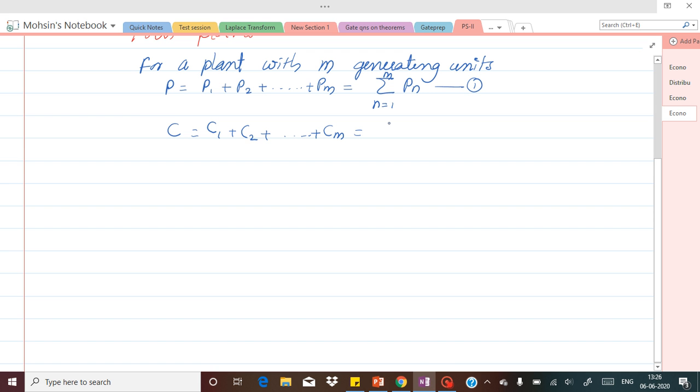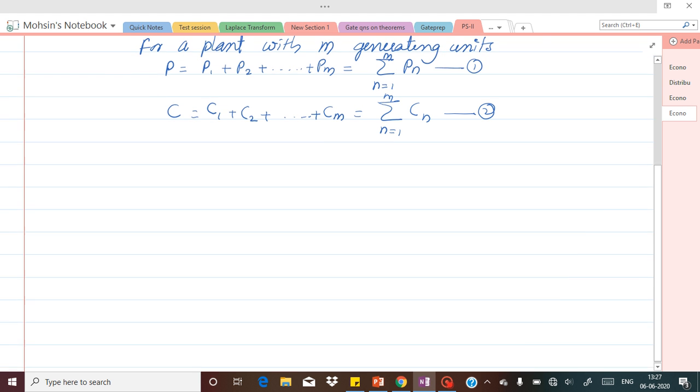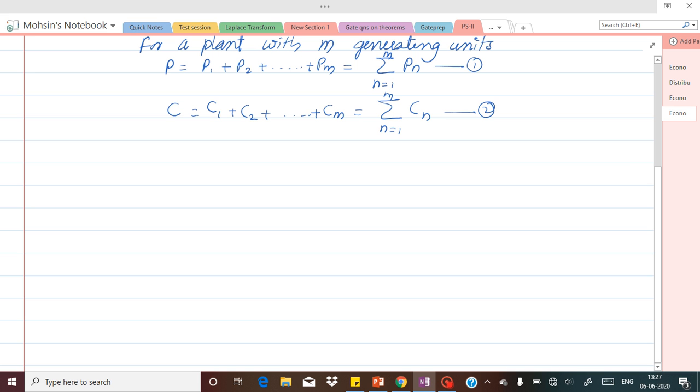It can also be represented in the form of a summation, by taking the summation between n equal to 1 to m of Cn. Let us indicate this as the second equation. Since the total load is constant, the load is not going to change. Therefore, if you take the overall differentiation of that total load, it is going to remain equal to 0.